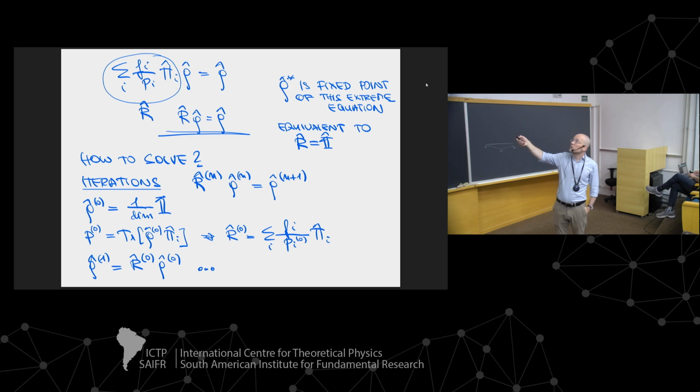We usually term this object here as a kernel or operator R, let's say. By the way, if we make the whole derivation with variations over rho, not over the matrix A, we would reach the equation R equals the identity matrix.